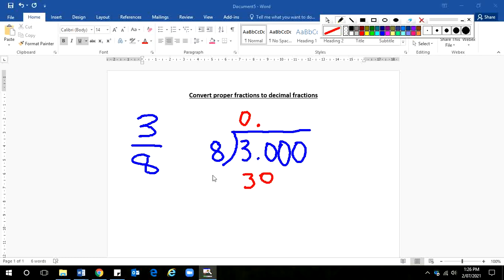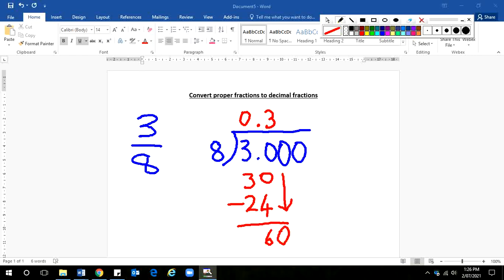Alright, this time, how many 8s can I get into that 30? Well, 4 8s are 32, so that's too high. But 3 8s are 24, so I'm going to put the 3 there. I'll write 24 down here because 3 8s are 24. Hopefully this long division is making sense. 30 take away 24 is 6, and we drop that 0 right down.